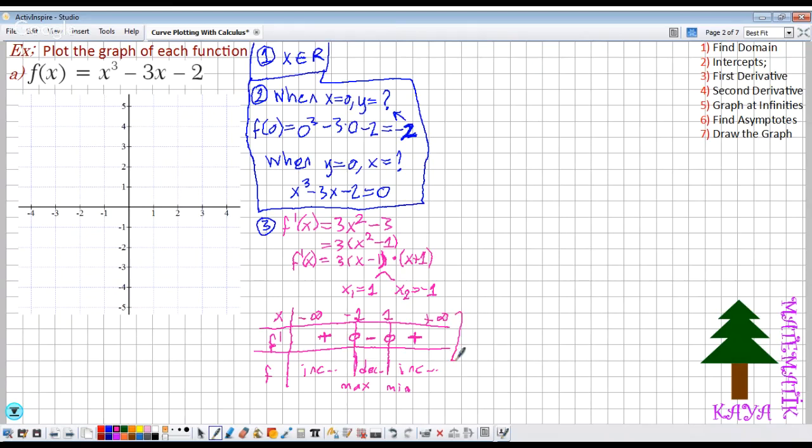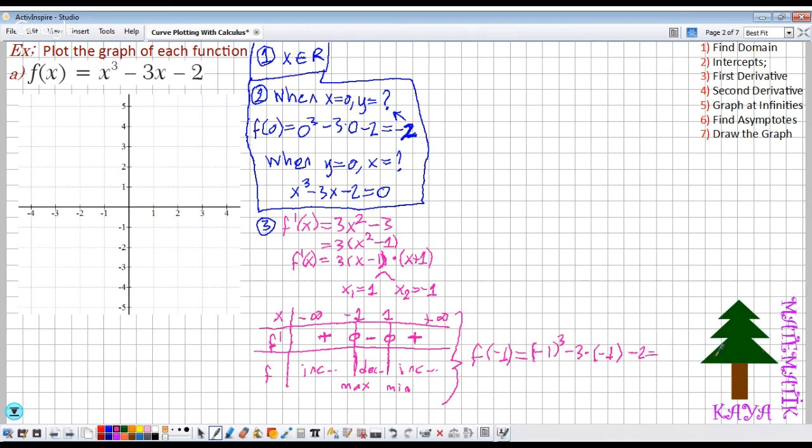So let's find those two maximum and minimum points. f of minus 1 will be the maximum point. We replace minus 1 in the function given in the example: x cubed, which is minus 1 cubed, then minus 3 times x, which is minus 1, then minus 2.